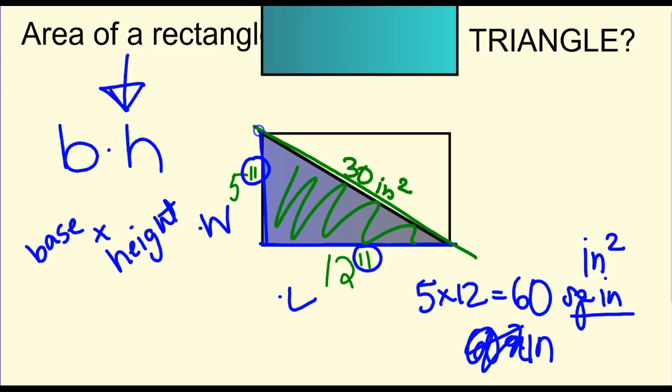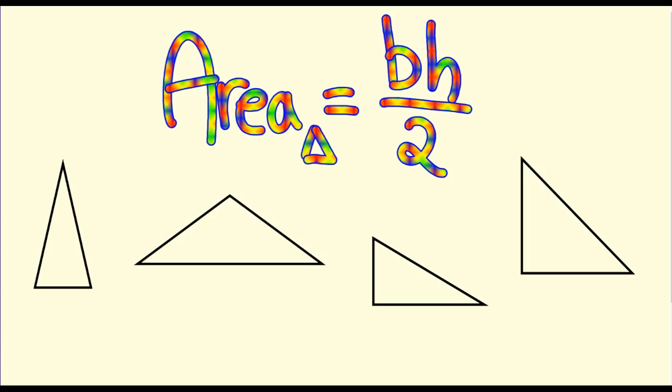Okay? Turns out that for any triangle, here's your formula. The area of any triangle is the base times the height, but then cut in half, or divided by 2. Some people will write it this way, base times height and then half of that, or 1/2 base times height. Those will all give you the same answer.